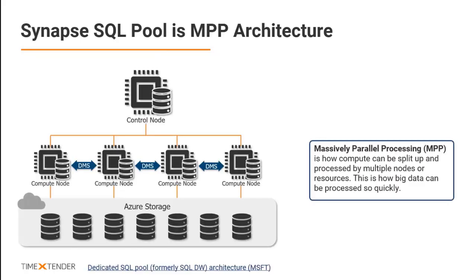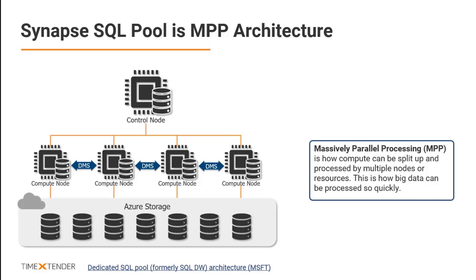Okay, so Azure Synapse Dedicated SQL Pool is a massively parallel processing architecture. This is because the compute nodes are actually split up and can scale out rather than scaling up. If you think of a traditional SQL server, this is installed on a single machine, and in order to make that SQL server faster, you have to scale up that machine, right?